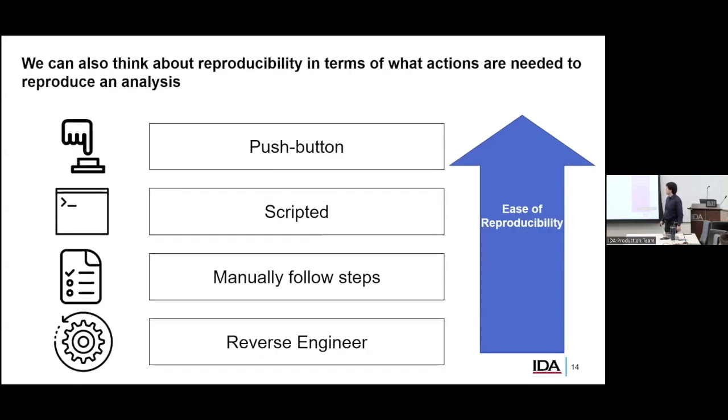And a third way to think about it is what does a researcher need to do in order to reproduce your result? If they're just handed essentially a black box, then they may need to reverse engineer it to even figure out how it works. A much better approach would be if they were given a set of steps to follow and had to manually follow them.